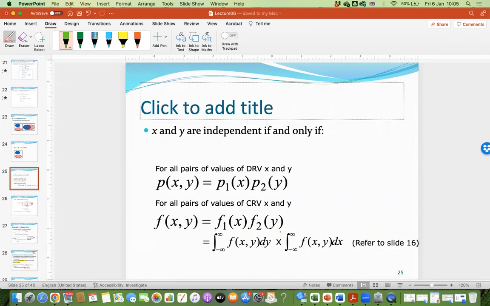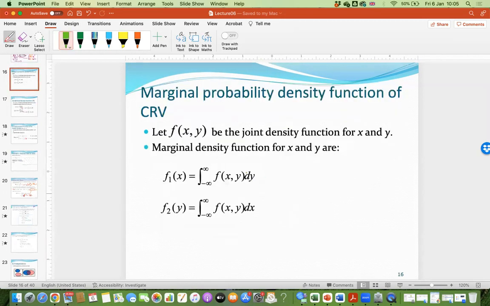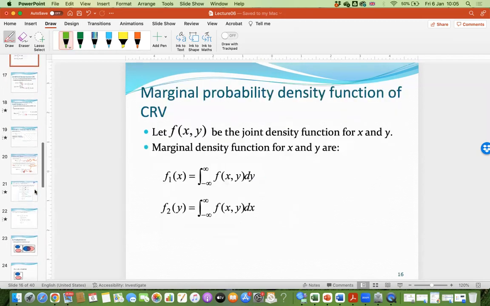You multiply them. Probably you might be confused, so if you look at slide 25, we are using the marginal probability.